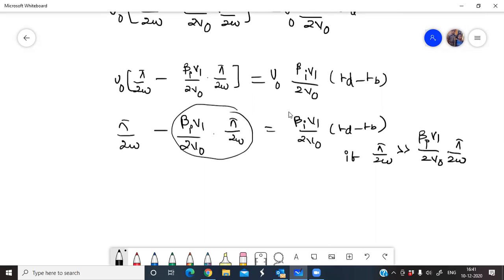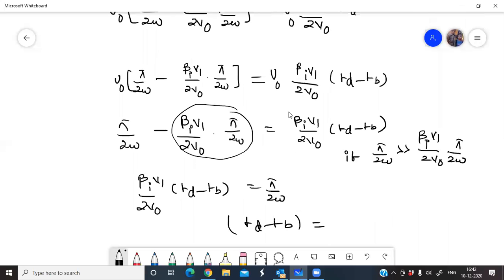So with this condition, beta I V1 by 2 V naught into TD minus TB is equal to pi by 2 omega. And from this, TD minus TB is equal to pi V naught by omega beta I V1, right?